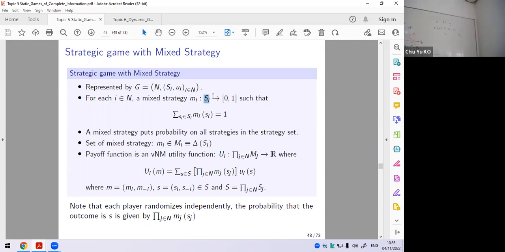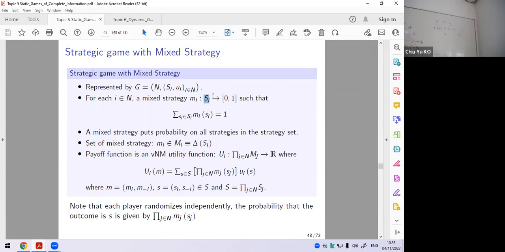And here the utility, because you're randomizing, the outcome depends on the randomization. So you are doing choice under uncertainty, right? Because you don't know which outcome comes out. So here we have to talk about expected utility.